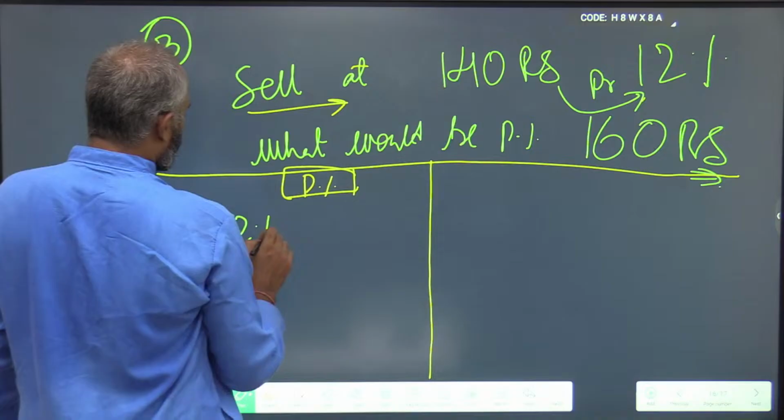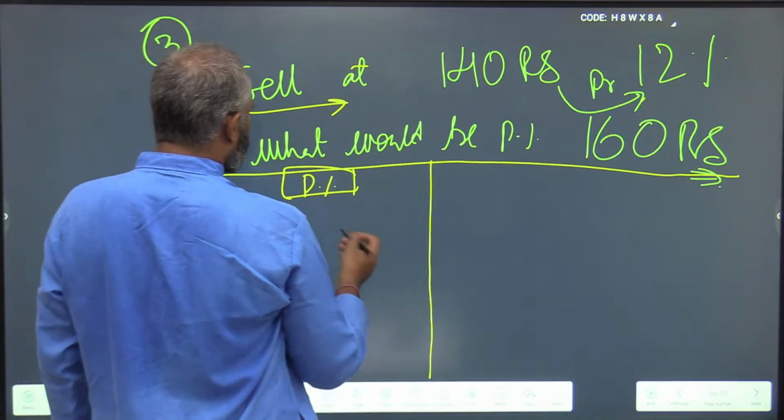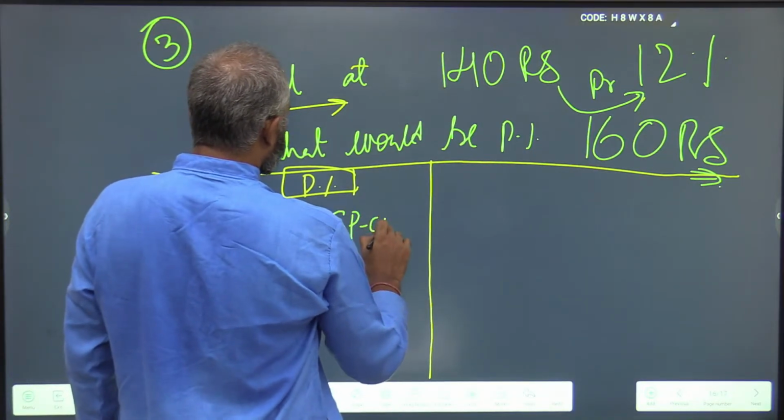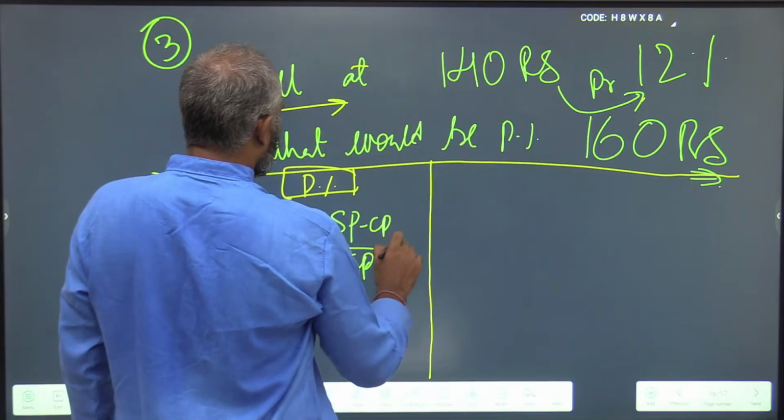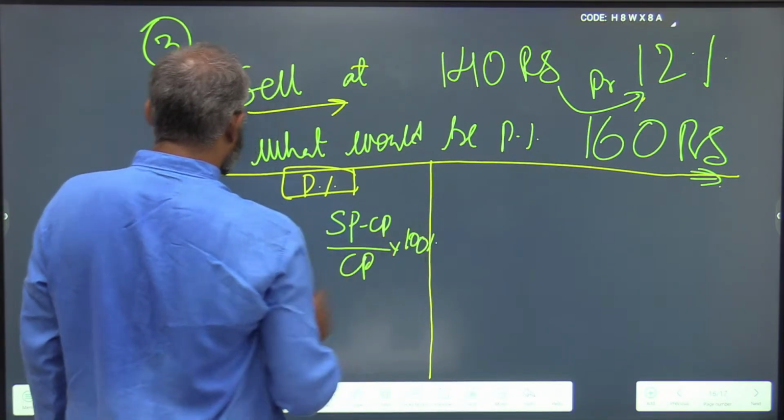Using the formulaic approach, 12% is equal to SP minus CP by CP into 100%.